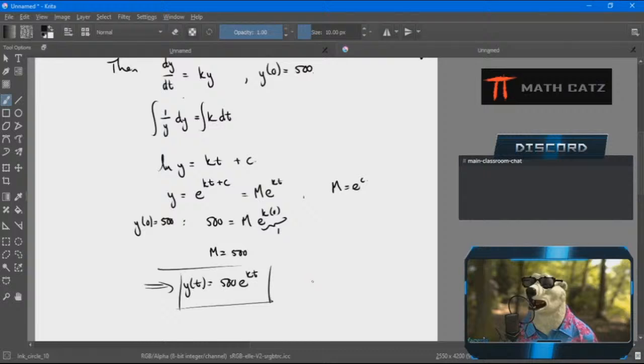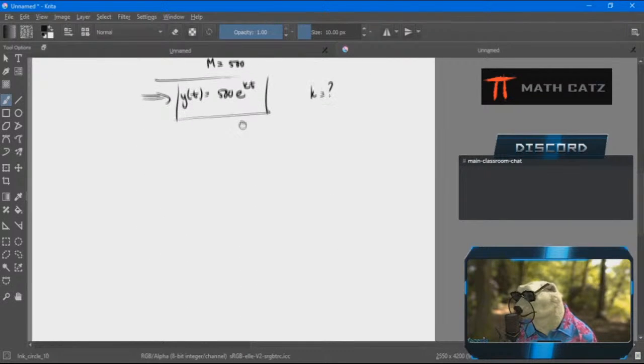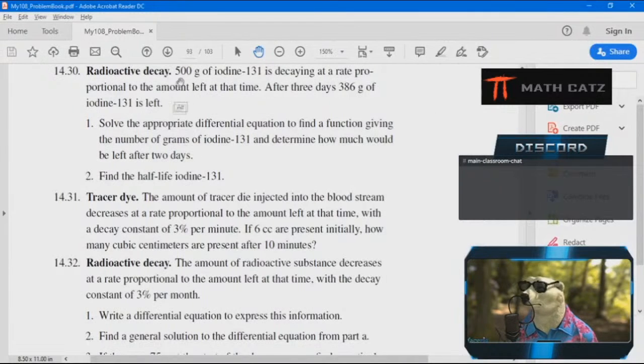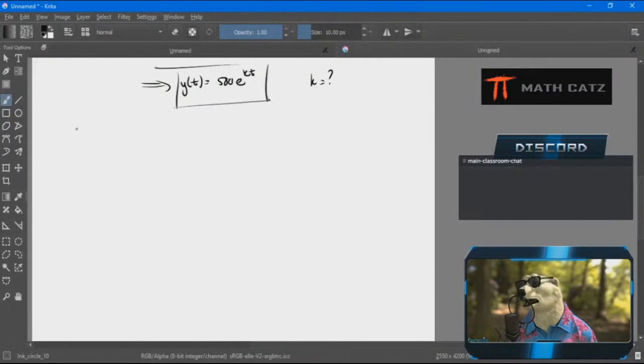So now I need to know what is k, the decay constant. And that's why they give me this other bit of information. They tell me, in addition to the 500 I start with, that after 3 days, 386 grams will be left. So at 3 days I have 386 down from 500.